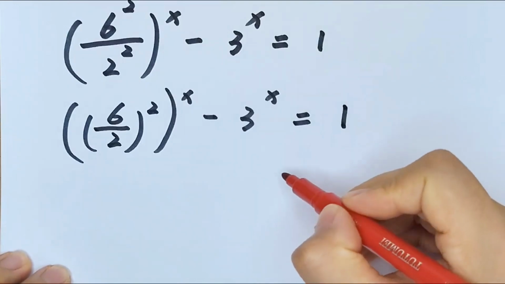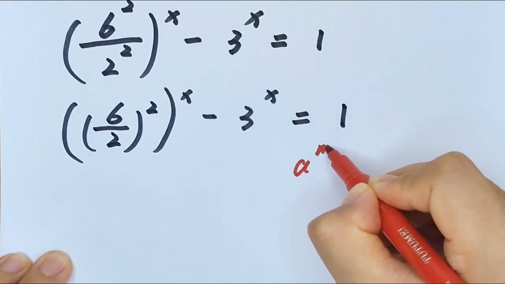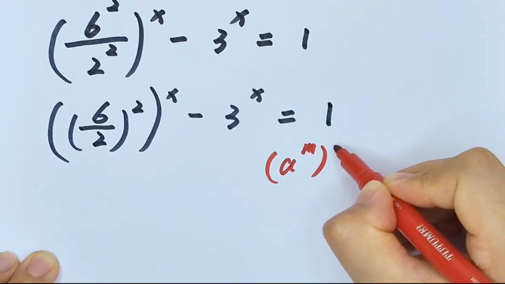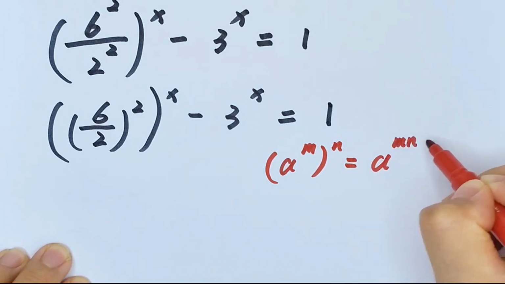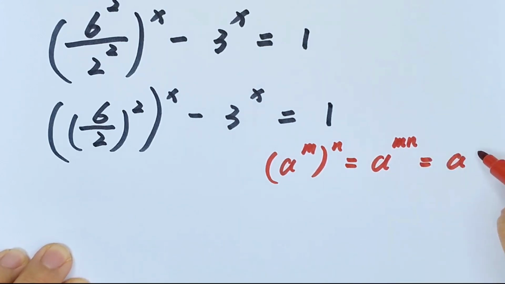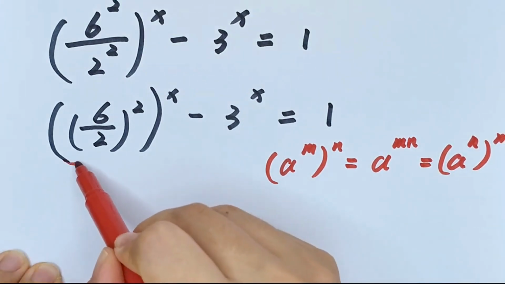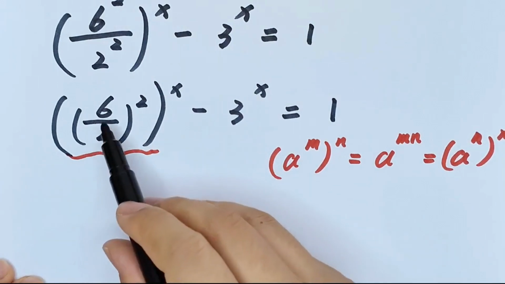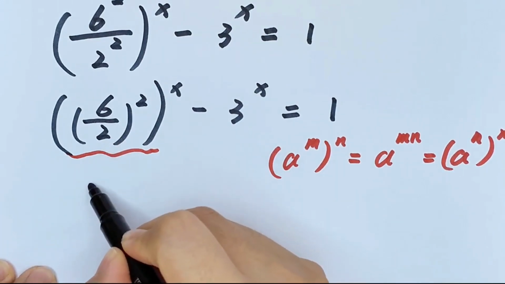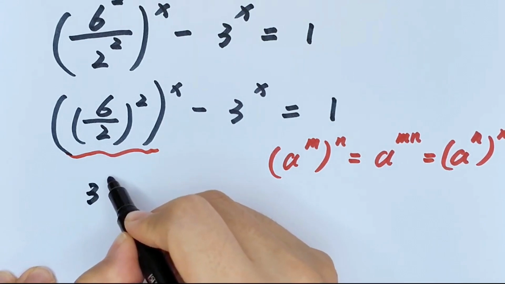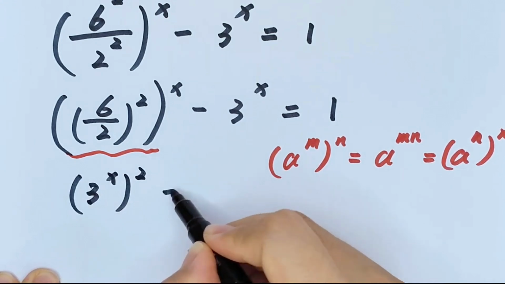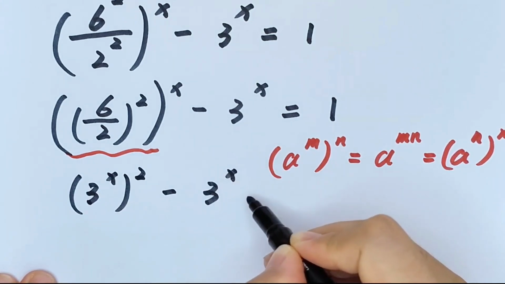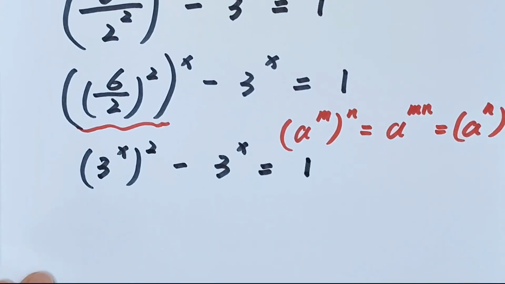Then we apply the formula that (a to the power of m) to the power of n equals (a to the power of n) to the power of m. So here 6 divided by 2 is 3, to the power of x squared, minus 3 to the power of x equals 1.